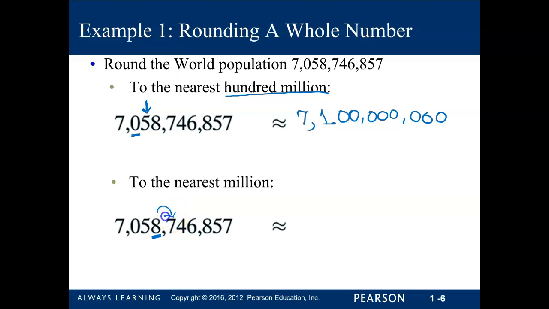Given that, is this digit greater than or less than 5? 7 is greater than 5, which means what will happen to 8? Is it going to change to 9 or is it going to stay as 8? This is higher than 5, so this means that the 8 will change to a 9. So we write these numbers here: 7, 0, 5. The 8 will change to a 9, and then all the rest of them become 0. All right, so this is now 7,059,000,000. That is our rounded value.